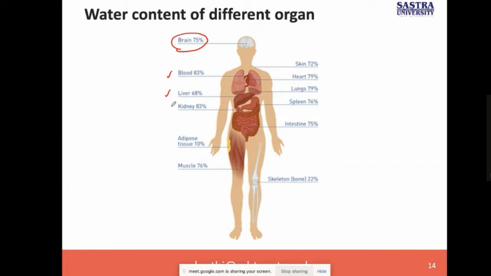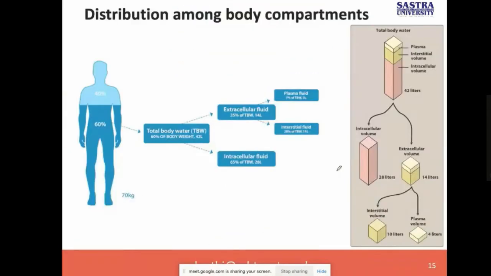Liver, 68%; kidney, 83%; adipose tissue, 10%; muscle, 76%; skin, 72%; heart, 79%; lungs, 79%; spleen, 76%; intestine, 75%; skeletal bone, 22%, right? This is how water is distributed in different organs of our body. You have to memorize the values for examination. This is very important, right? So how is this water present as different compartments in our body?